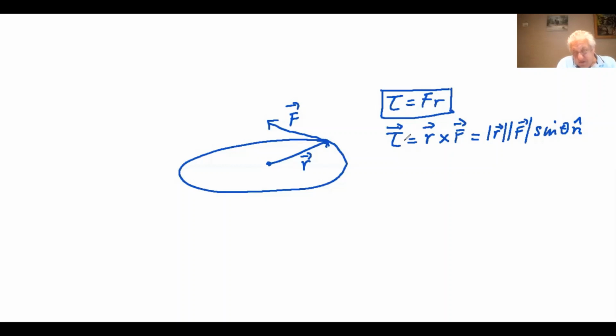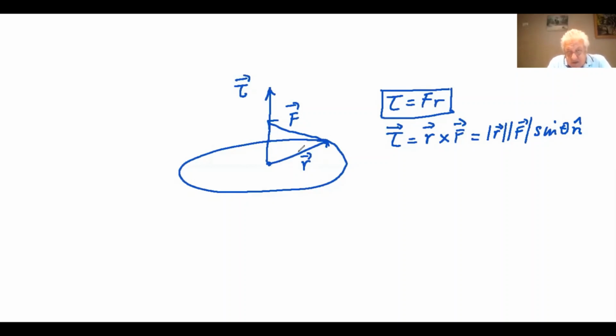You don't need to remember this, but what I do want you to remember is that the torque points upwards. Now the way to get this, and this is the part I want you to remember, is that you get the direction of tau from the right-hand rule.